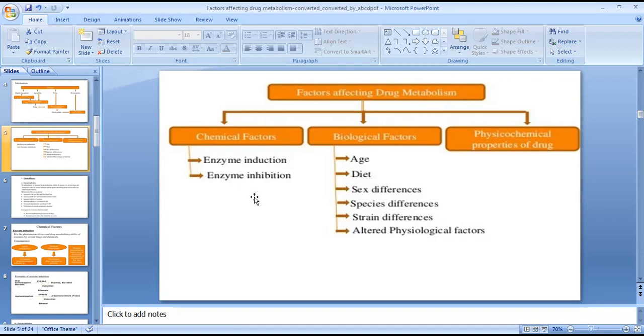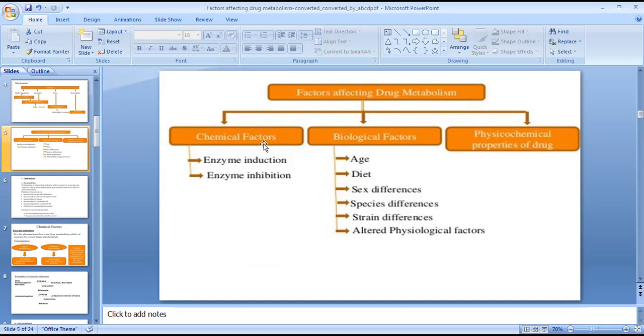The hepatic microsomal enzymes carry out this drug metabolism. Now, enzyme induction may result in an increased rate of synthesis of new enzyme protein. When enzyme induction is done, it increases the rate of synthesis of new enzyme.